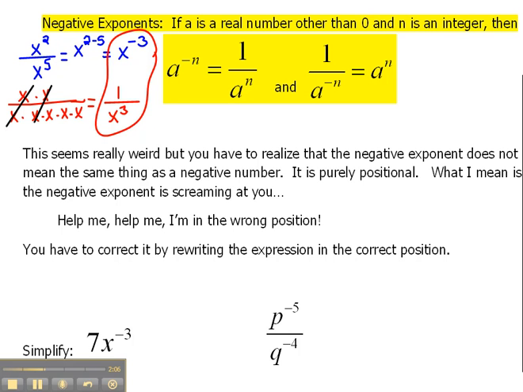It is saying that that item is in the wrong position. Here, this x to the third doesn't belong on top, technically, which we could put over 1 and make it look like a fraction. That negative exponent tells you that it's in the wrong position. It belongs in the denominator instead of the numerator.